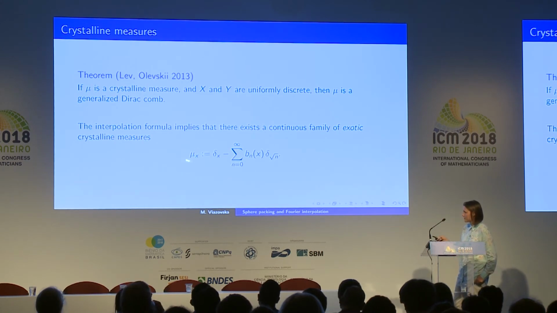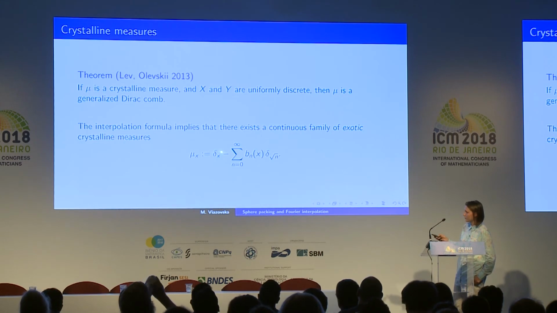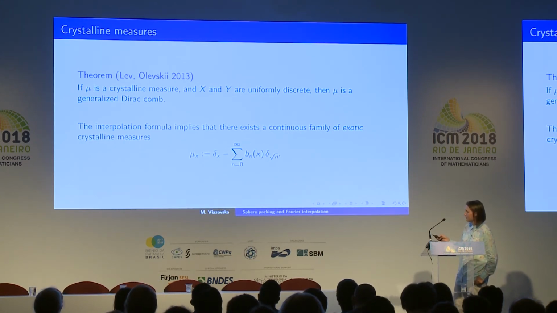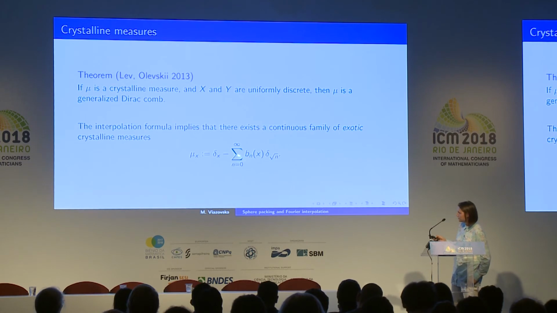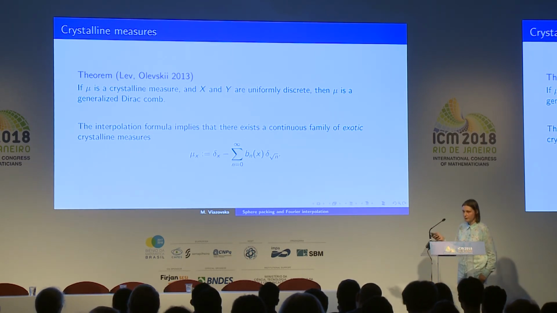Here x is our free parameter in this family, and we have one delta function located at this point x, and some other linear combination of delta functions located at square roots of integers, with coefficients given by the functions in our interpolating basis.